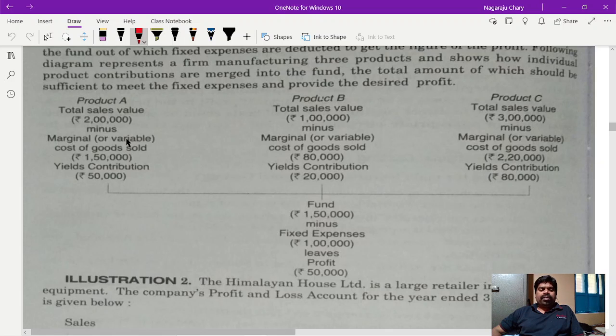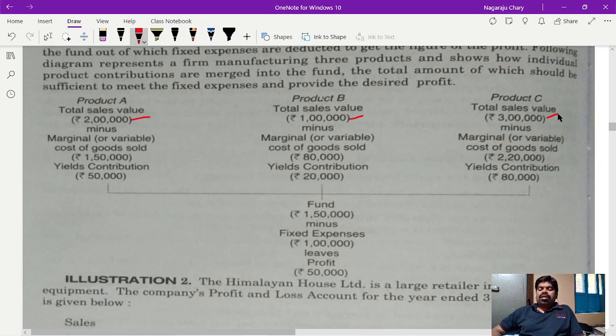Let us see these three examples: product A, product B, and product C. These show how we get the desired profit to meet the fixed expenses. Total sales value of product A is 2 lakhs, product B is 1 lakh, and product C is 3 lakhs.